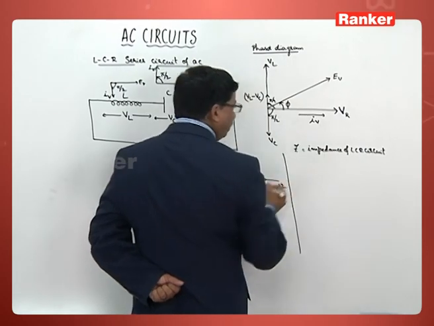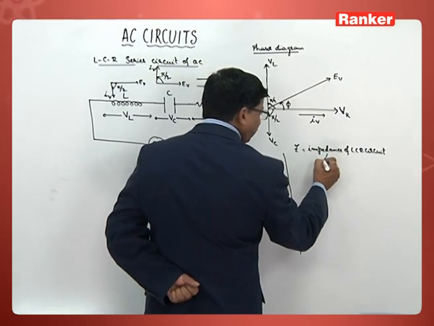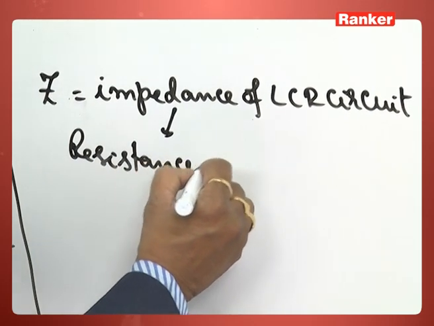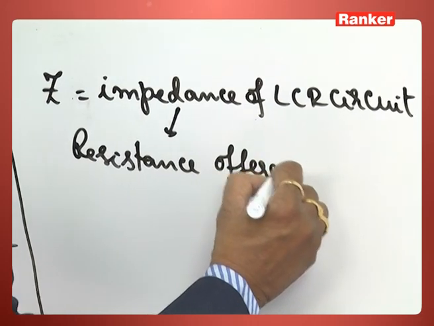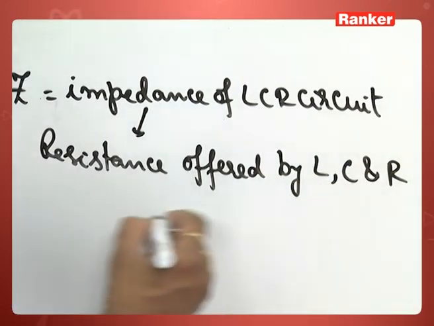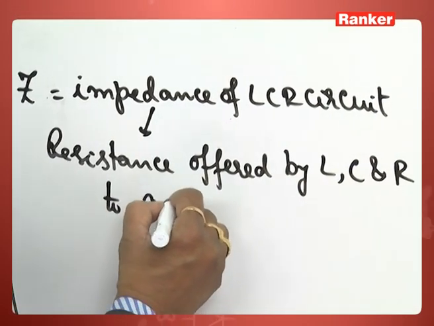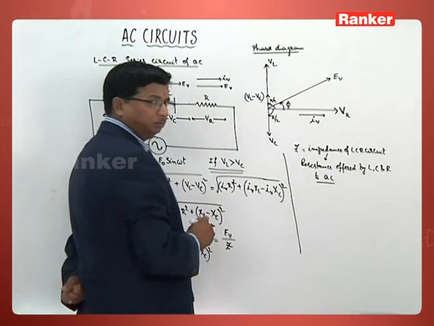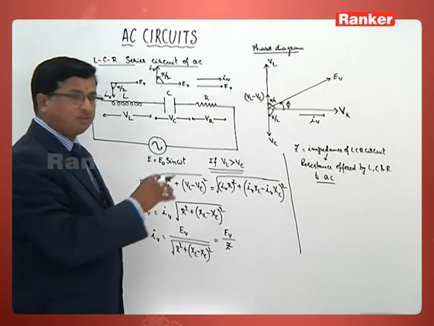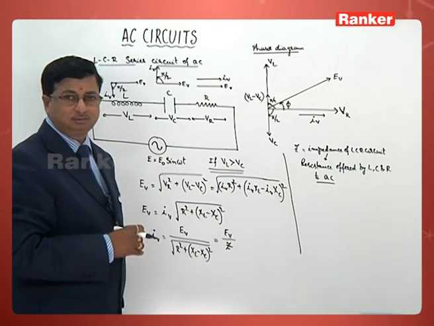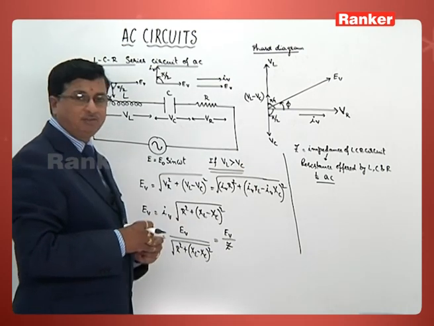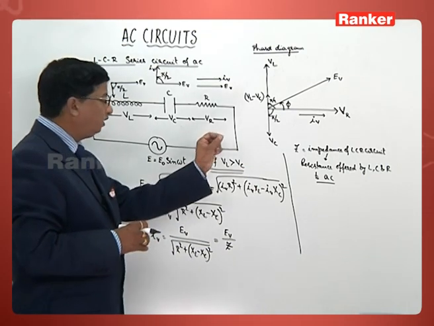And what does this impedance mean? Once again we can remember this way, it is the resistance offered by L, C and R to alternating current. Whatever resistance it is offering to the external flow of alternating current across the system, that is what we call impedance in the case of LCR circuit.